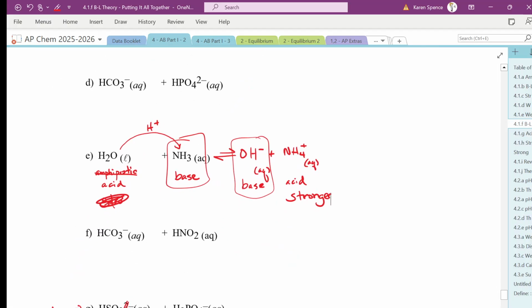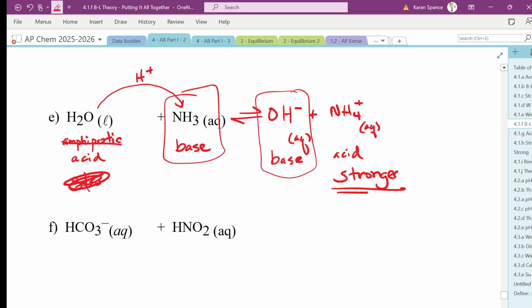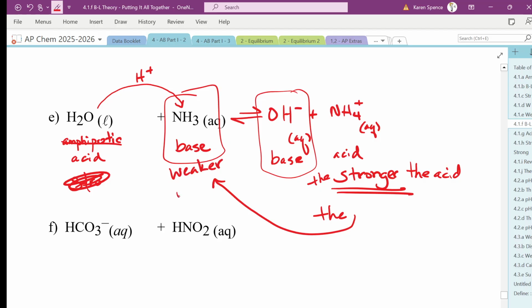Whew. All right. If this is the stronger of the two acids, then its conjugate base is weaker. The stronger the acid, the weaker its conjugate base.